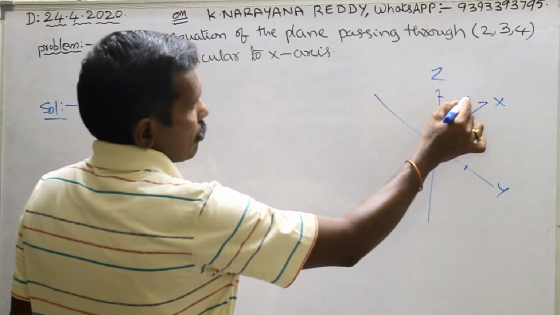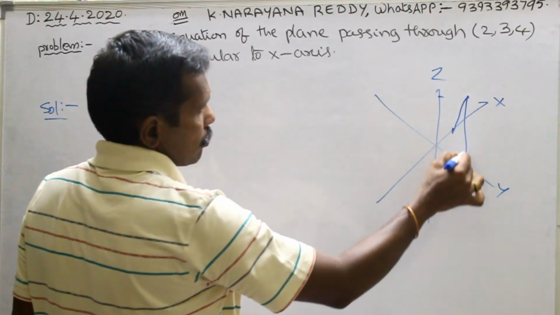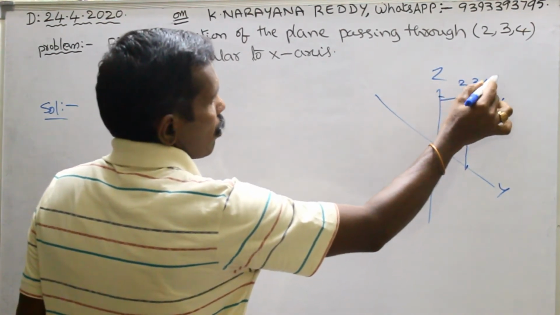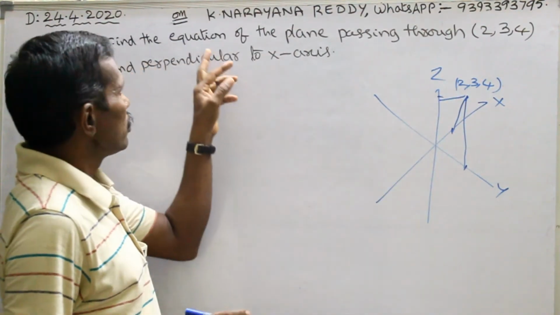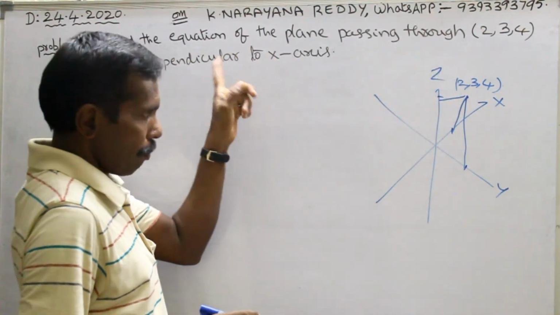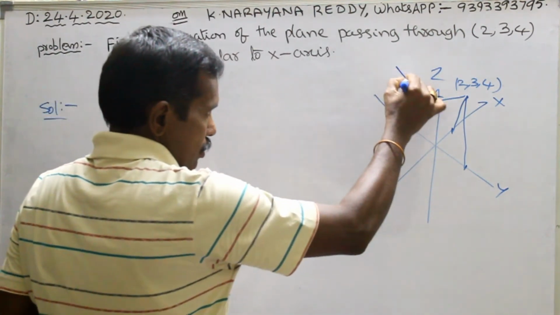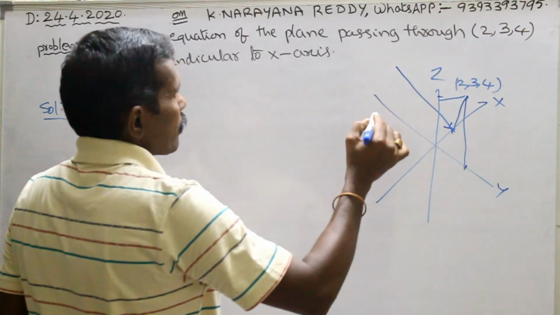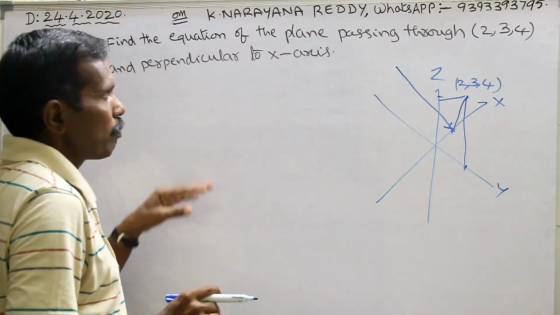For example, 2, 3, 4. The plane passing through this point, perpendicular to the x-axis, in this way. So that is the plane we want now.